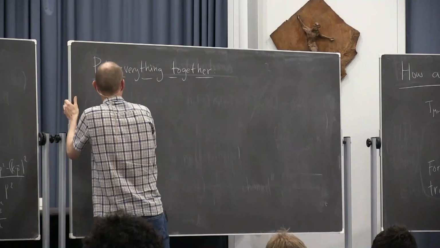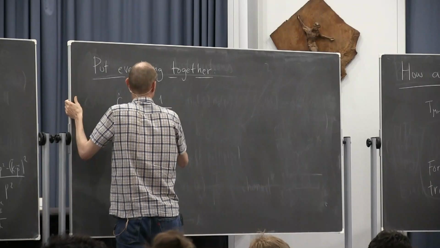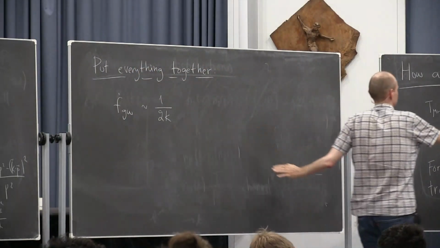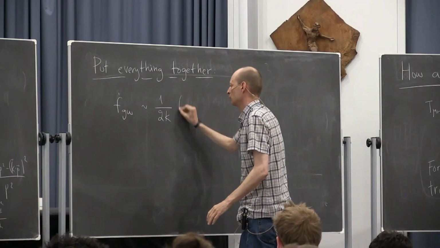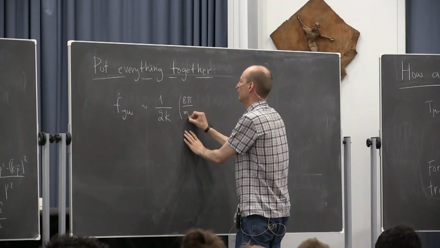So we put everything together like in a Boltzmann equation. 1 over 2k. Okay, then in this vertex there was this 1 over Planck mass. So when I take the square, then it's like 8 pi over Planck mass squared, let's say.